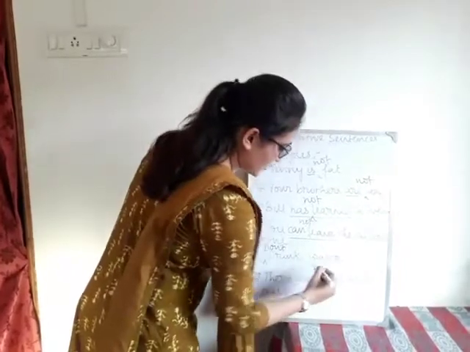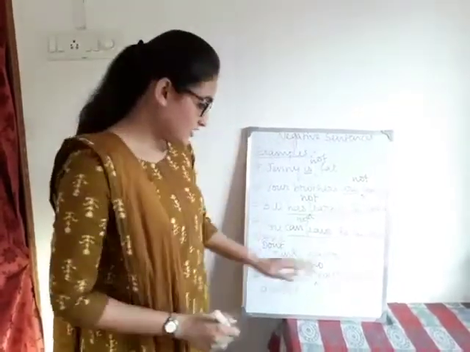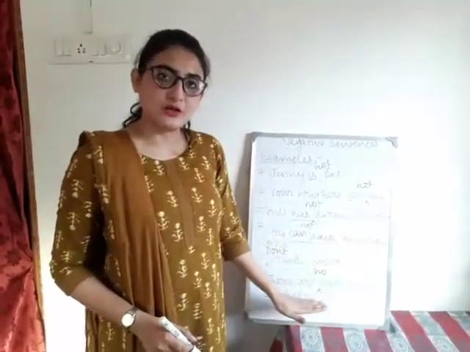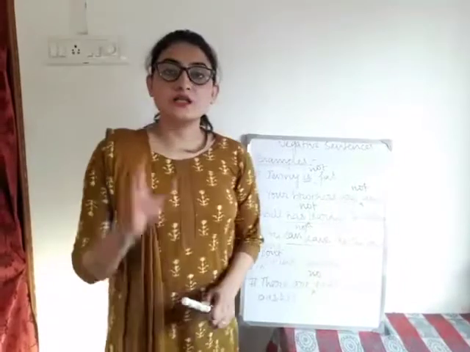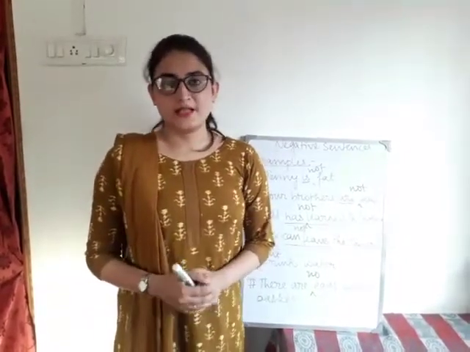There are no eggs in the basket. Why? Because here, when you have a noun phrase after the verb, you use the word no to change the sentence into a negative sentence.